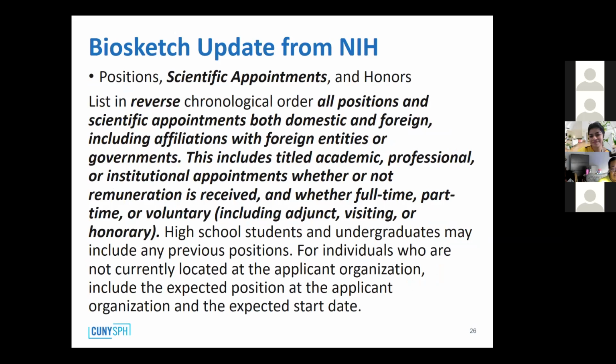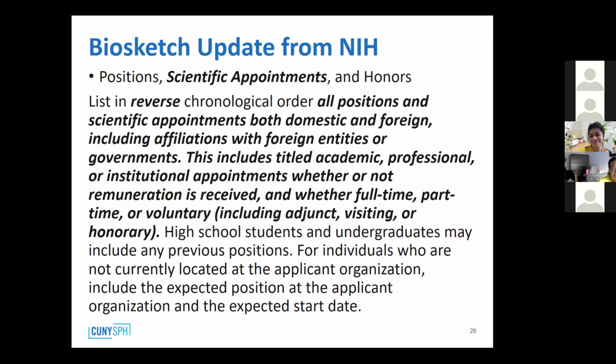For positions, scientific appointments, that's new, and honors, list in reverse chronological order. This is new. All positions and scientific appointments, both domestic and foreign, including affiliations with foreign entities or governments. This includes titled academic, professional, or institutional appointments, whether or not remuneration is received, and whether full-time, part-time, or voluntary, including adjunct, visiting, or honorary.